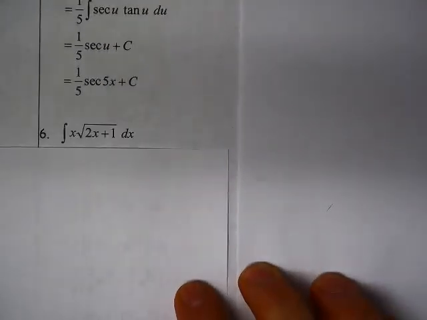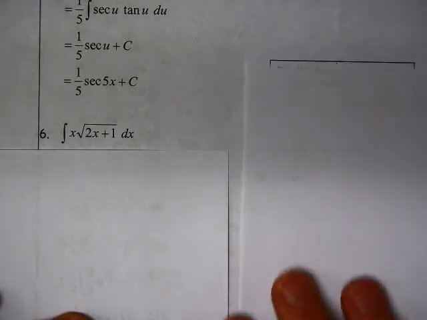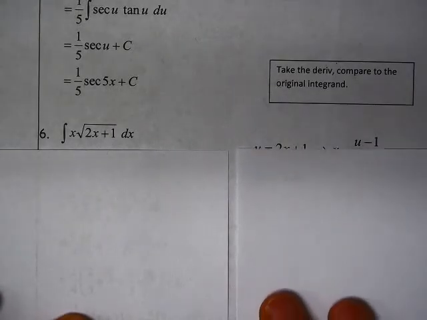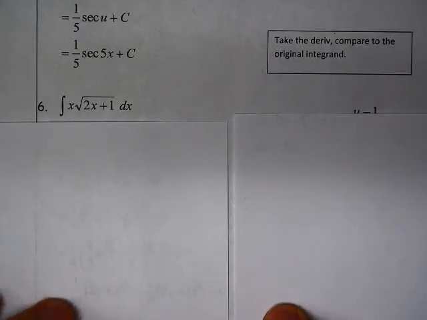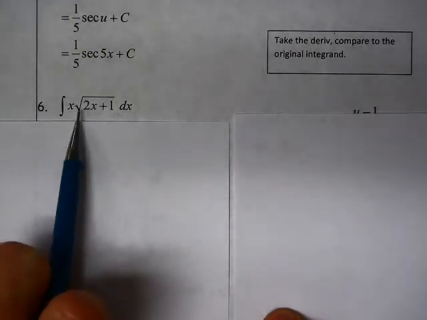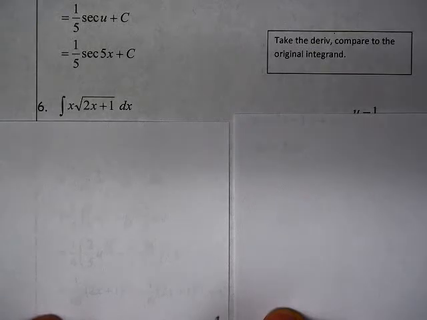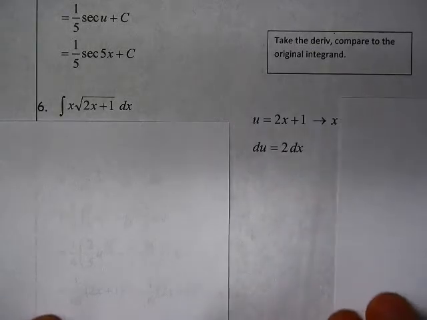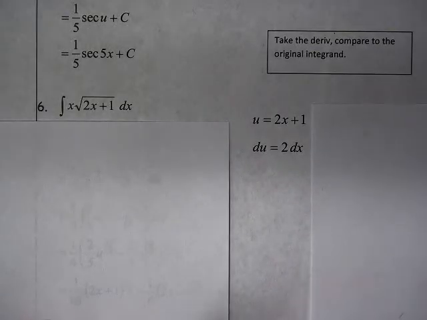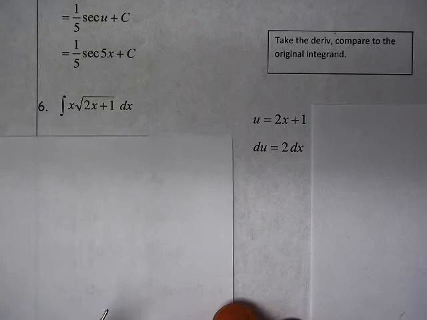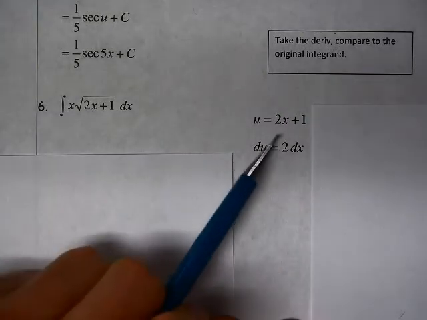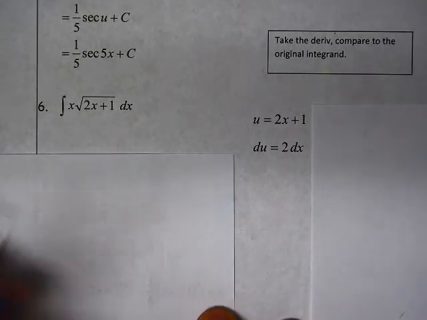Alright, last example. This is a trickier one. So here I have x times the square root of 2x plus 1. So I'm going to let u equal 2x plus 1. That's the innermost part of the function here. And then my du is going to be 2 dx.